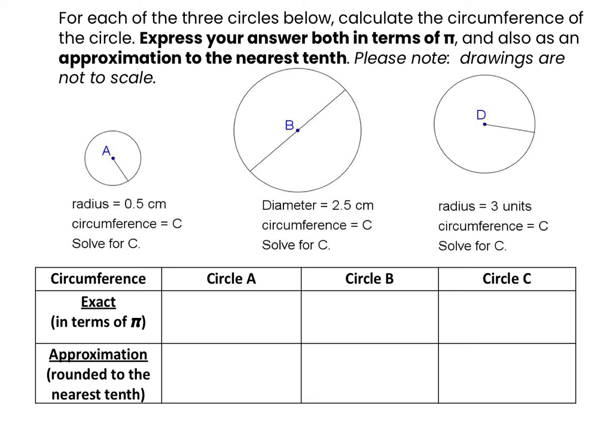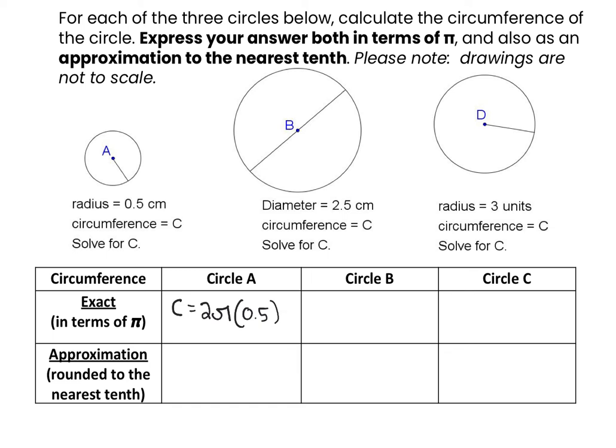So if we're looking for our circumference of circle A, we know our radius, so we would say that circumference is equal to 2 pi times 0.5.